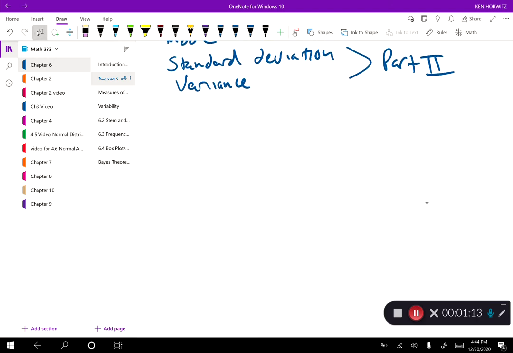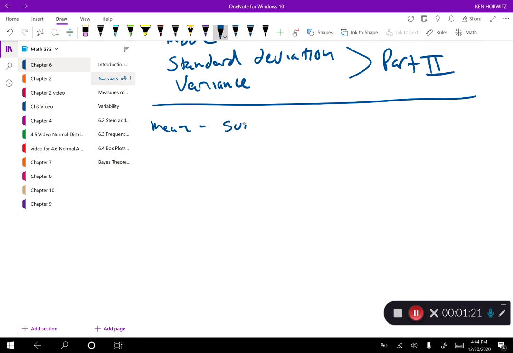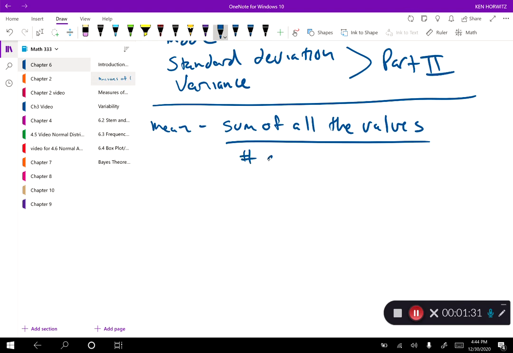So the mean is the sum of all the values divided by the number of values. And there's some notation you need to be aware of.